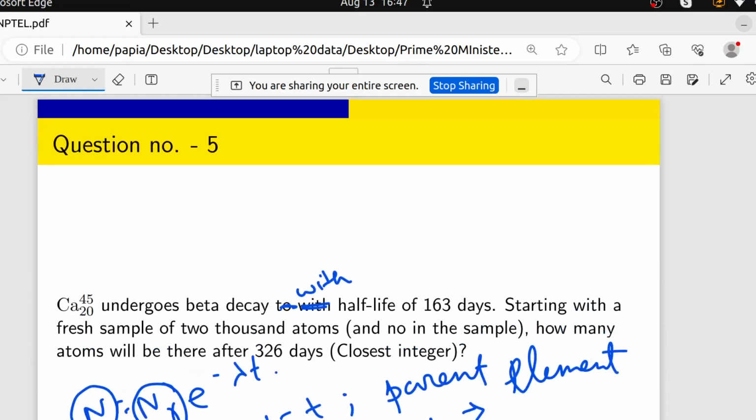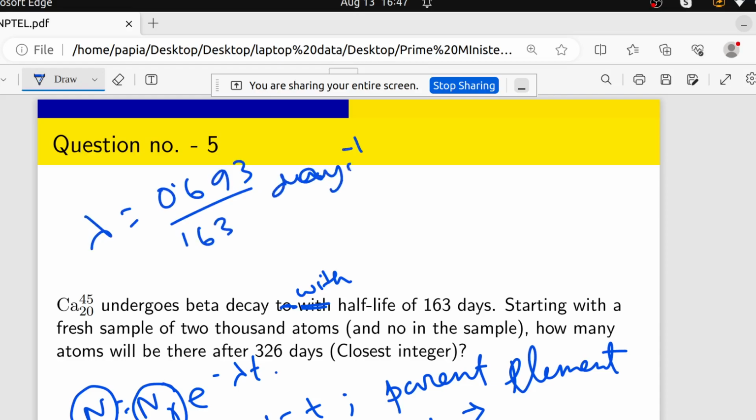If N0 is 2000 and t half is this, then we can immediately find the value of lambda, 0.693 divided by 163, in days inverse. And how many atoms will be there after 326 days? Here t is 326 days.